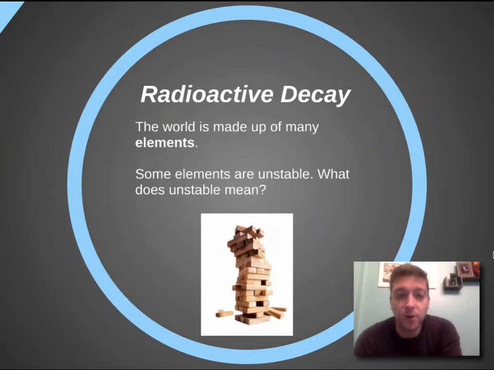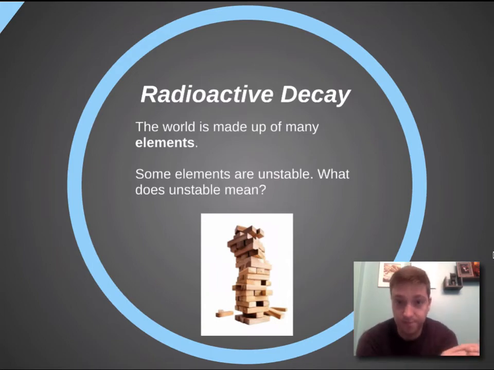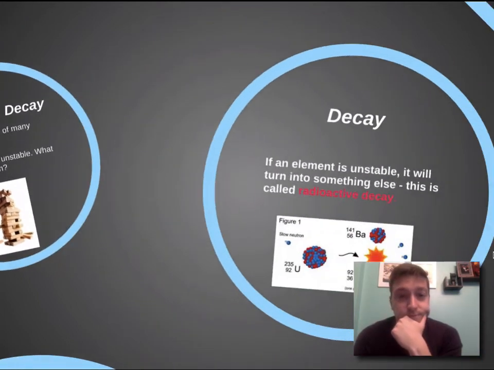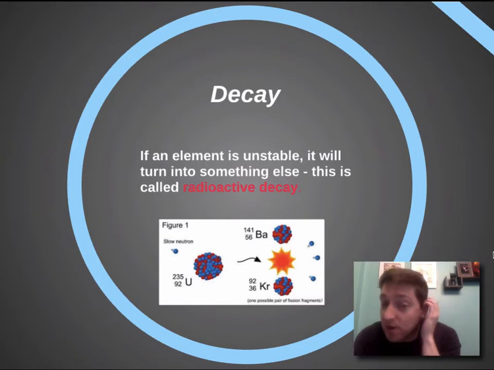Well, we know that the word unstable means yes, it exists in a certain way, but it might change. So for elements, that means that certain elements are more unstable than others. If they're unstable, they might change into a different element.